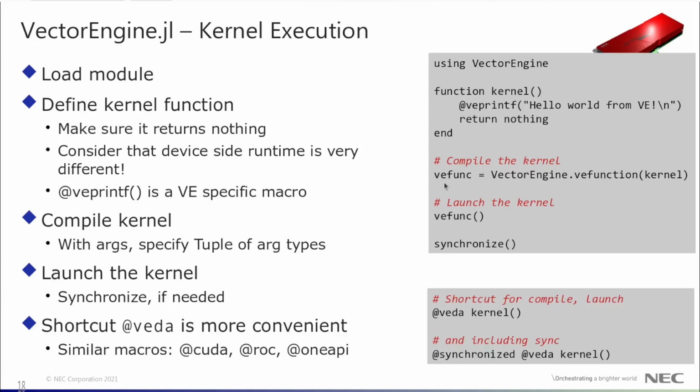Finally, we compile the kernel and launch the kernel. And at the end, we call synchronize to make sure that everything has finished on the device. A simpler way to express this in a line is by using the VEDA macro, which is very similar to the macros for CUDA, ROC, and the VEDA API.